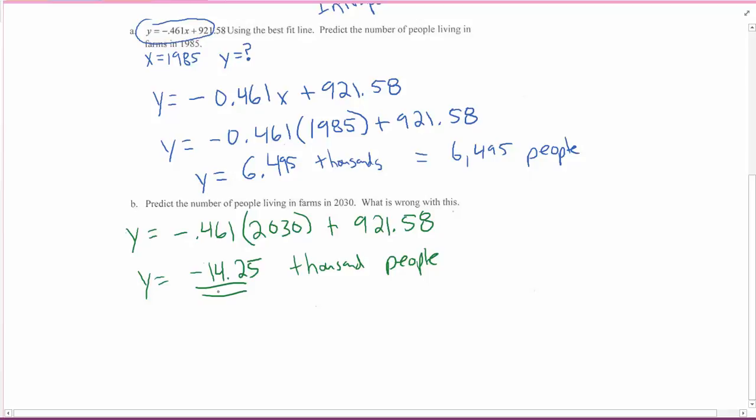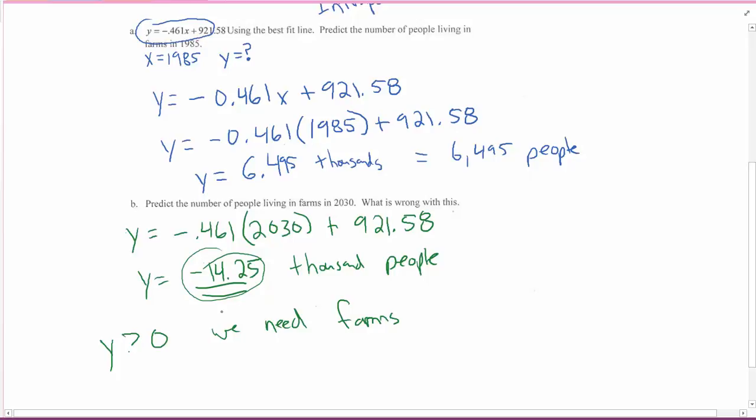So it's almost like an implied range that our y value is always going to be above 0, not equal to 0, because we need farms. I mean, we can certainly have 0 people living on farms, but negative people doesn't make sense.